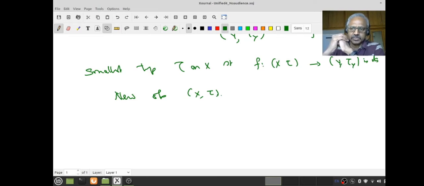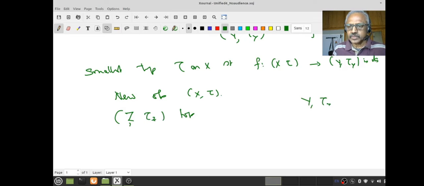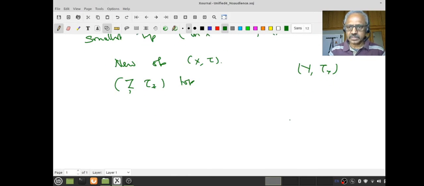So suppose you give me (Z, tau_Z), a topological space. Y with tau_Y and these are all given; they already have topology, they are in some sense whole topological spaces. The new monster is (X, tau). Now what should I ask for? I should ask for a function.